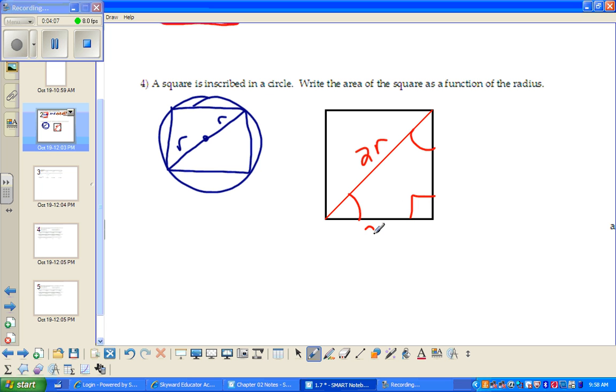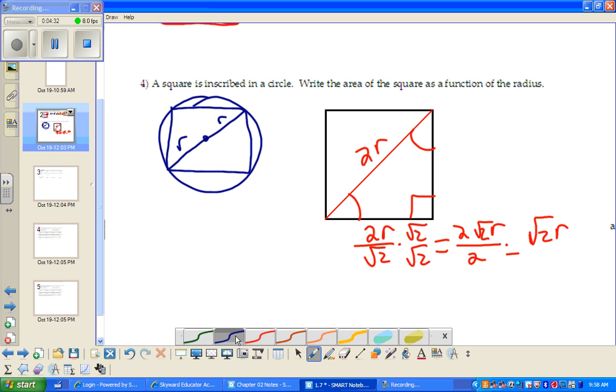So each leg would be 2r divided by root 2, and not very difficult math would tell us root 2r is each side length. So how do I get the area of that square? I would take the side length squared.